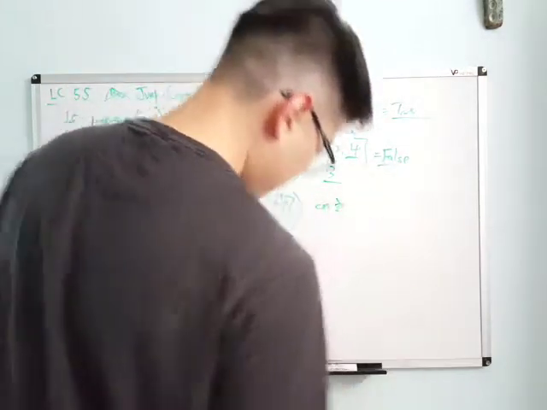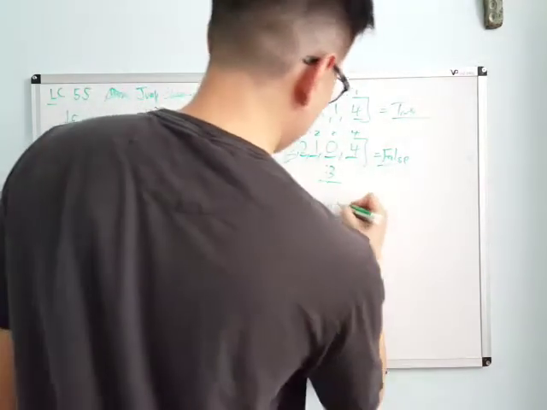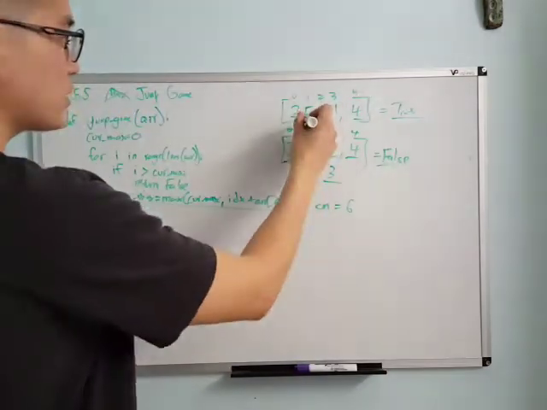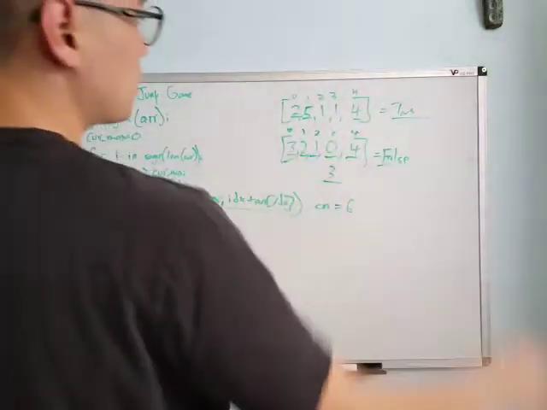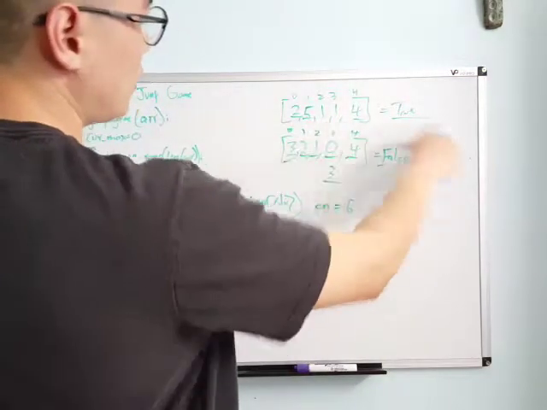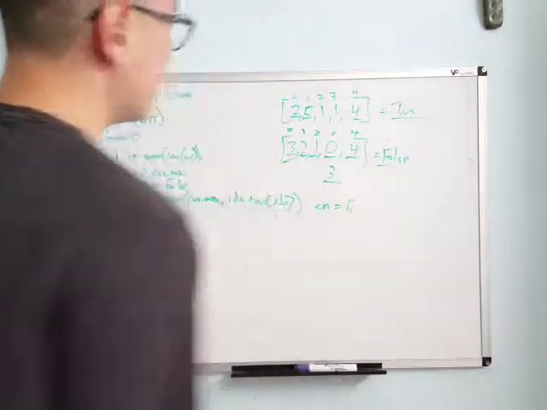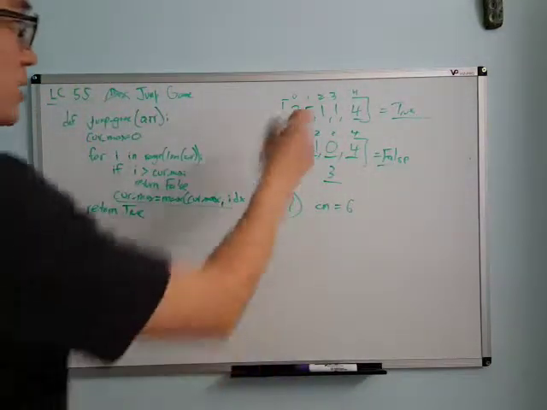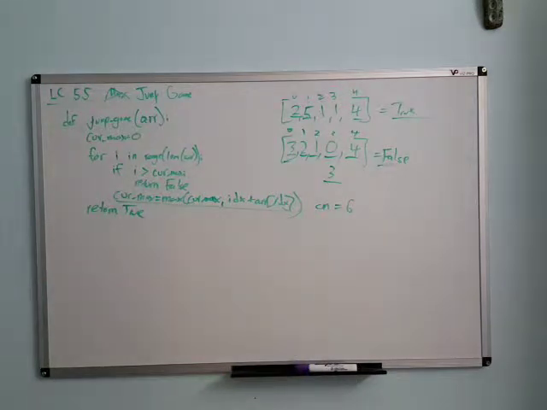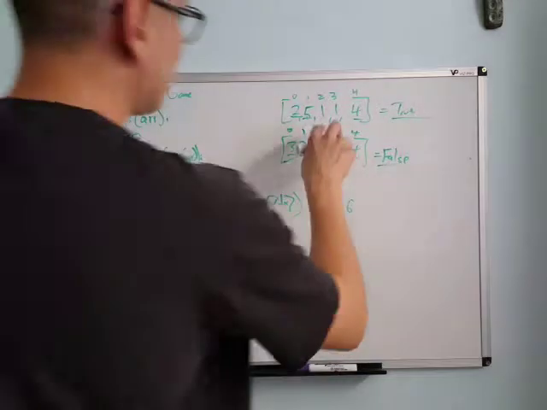So CM goes to 6 at this index, and then we move on over. From here, we already know that we can reach the end, but we still continue iterating just in case. We could break early, but for this implementation, we don't break early.